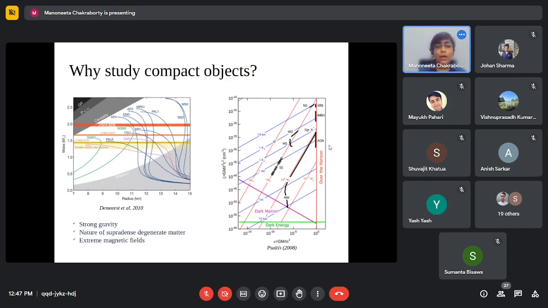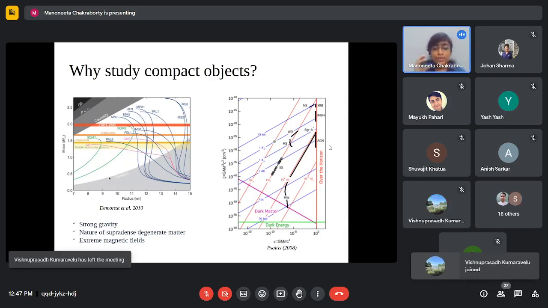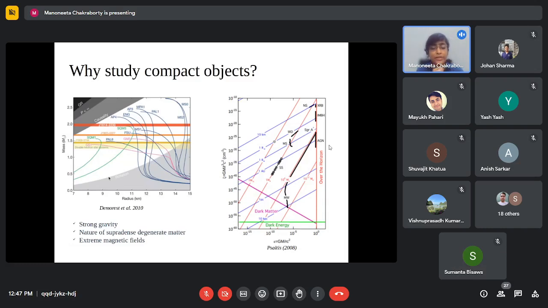On the left-hand side of this slide, I will explain the mass and radius plot of neutron stars. I just told you that the matter inside the core of a neutron star becomes exotic and shows superconductivity and superfluidity at very high temperatures.